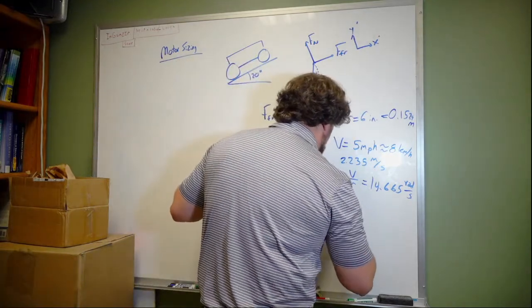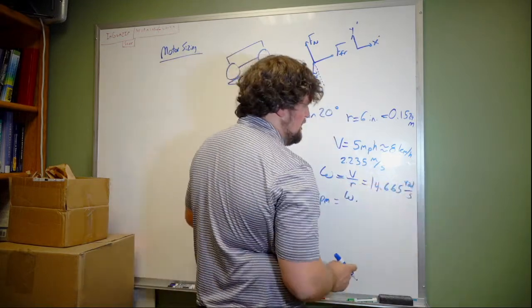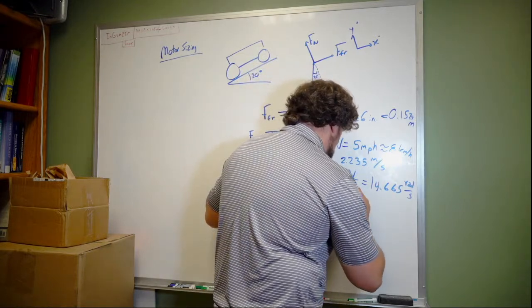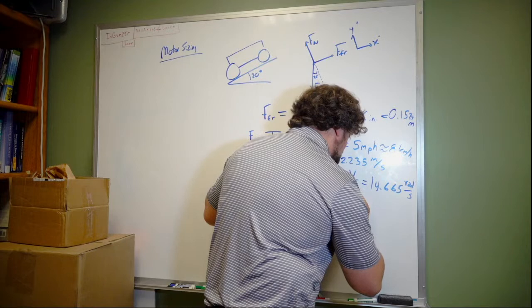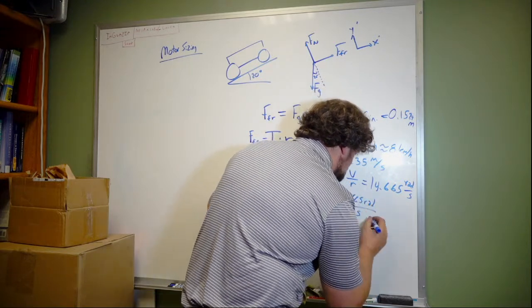RPM is going to be equal to omega multiplied by how many. So here we've got 14.665 radians per second.